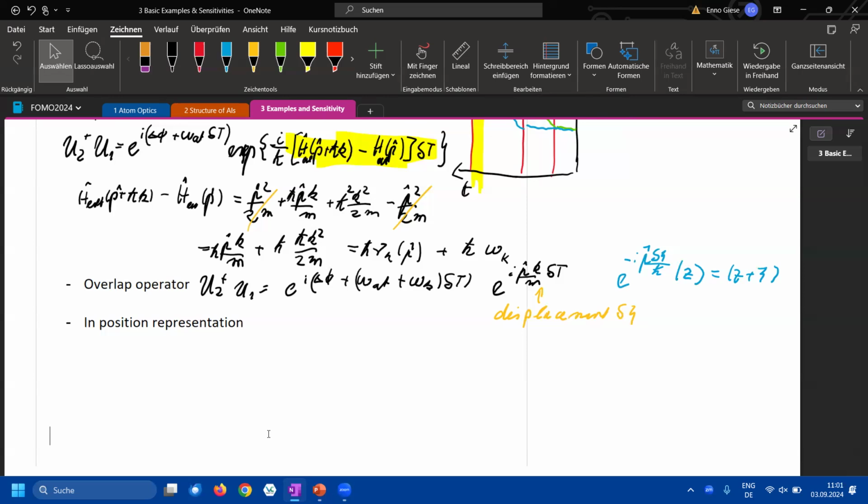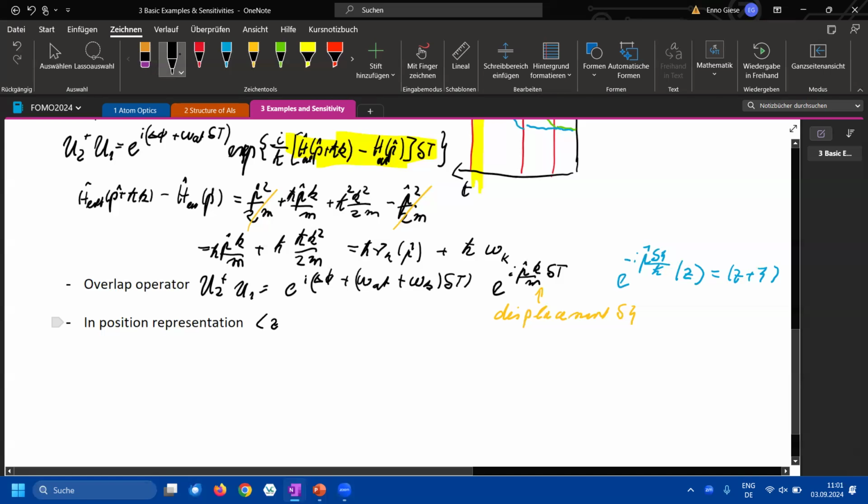That's the dagger, effectively. So in position representation, we just define the position z acting on psi naught, that's psi naught of z.